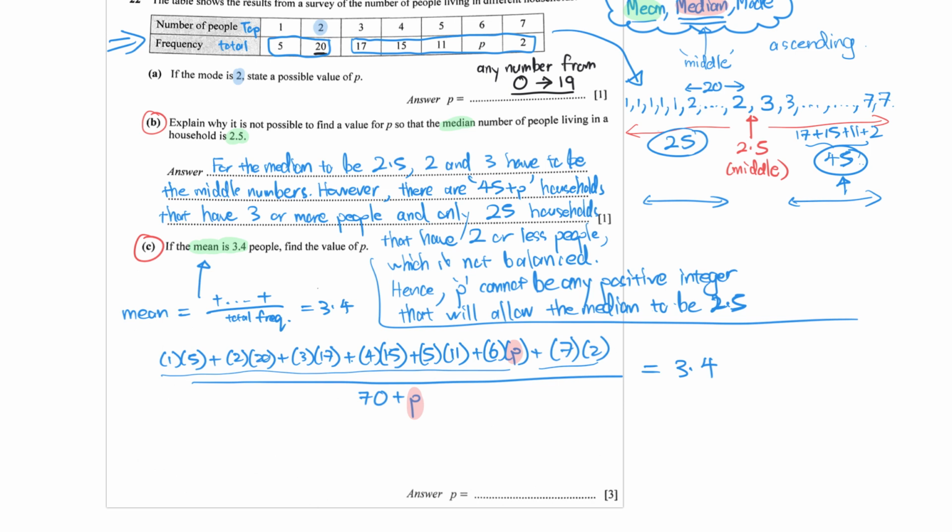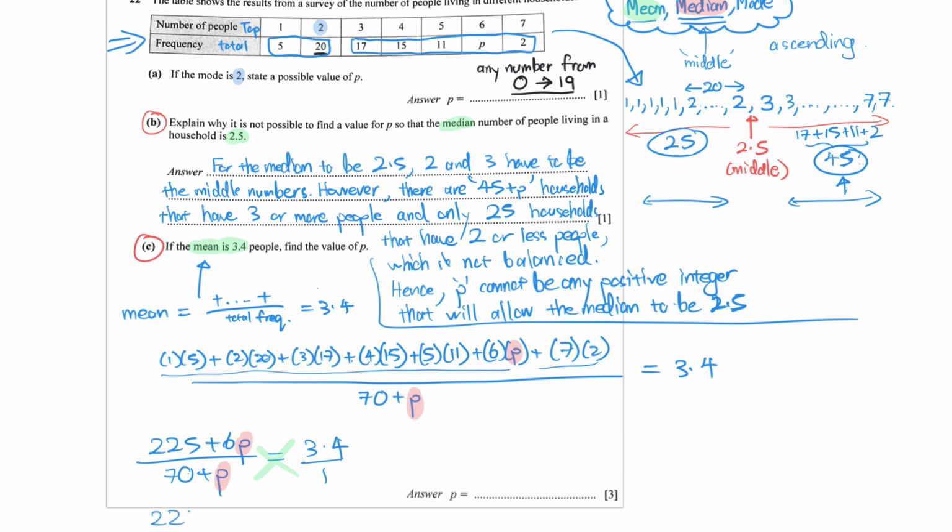Right? So now let's simplify and add up all the numbers in the numerator in terms of P as much as possible. We will get 225 plus 6P on the top with the 70 plus P below equals 3.4. We want to solve for P, and what's the usual method when we have fractions such as this? Very good, we're going to cross multiply. So cross multiply, 70 plus P times 3.4.